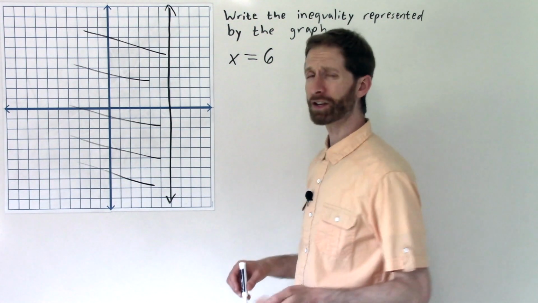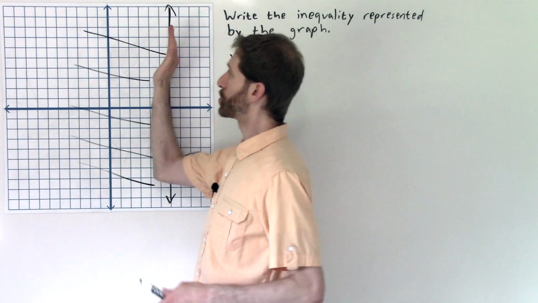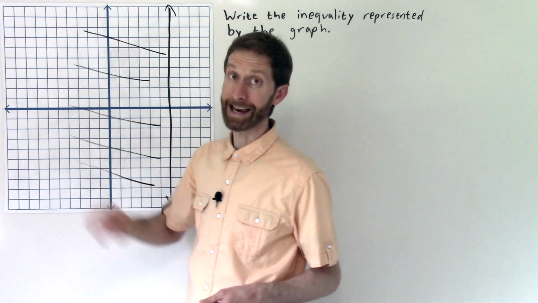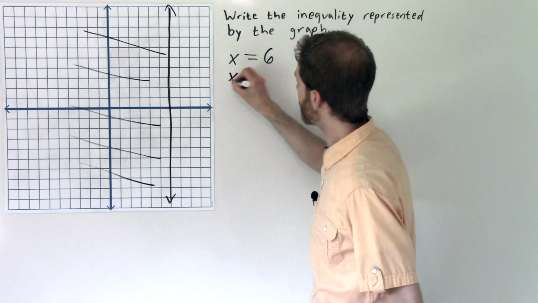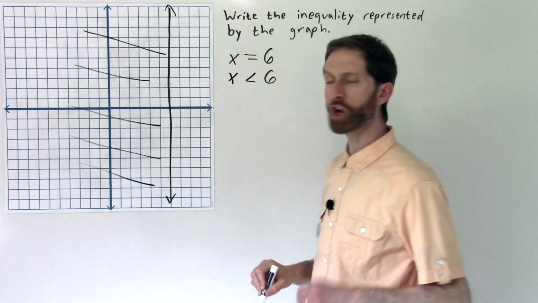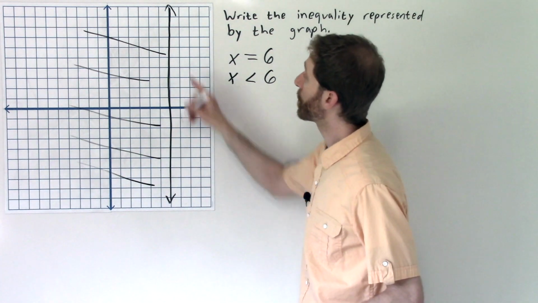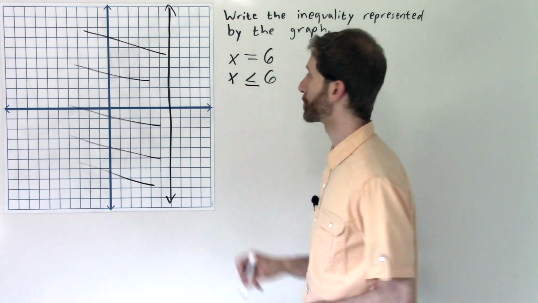Now, is it less than or equal to or greater than or equal to? Well, these are all the x values to the left of x equals 6, or less than it. There you go. So it's going to be x is less than 6. But we notice that the boundary includes all the values on 6. So it's shaded in. It's a solid line. So it's going to be less than or equal to 6.